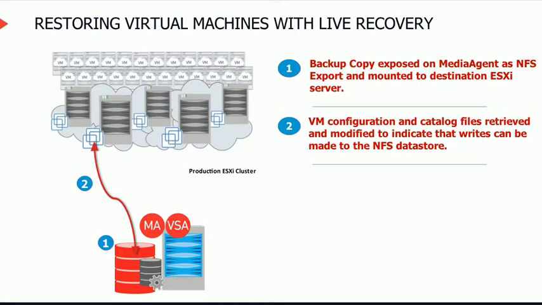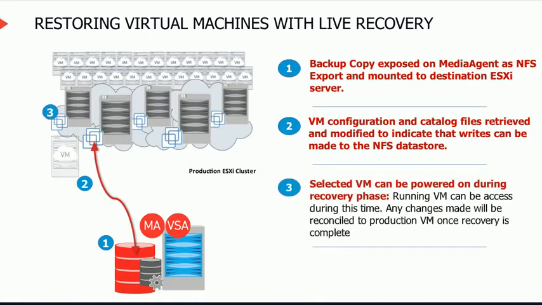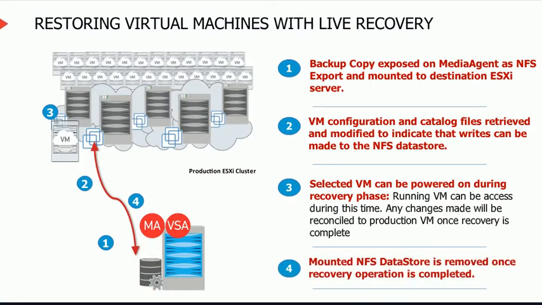A modification to the associated VMware VMX file indicates that writes can now be made to the newly mounted NFS data store. Once the data store is accessible, the VM can be powered on directly from the backup copy and accessed during this time. Changes made to the VM are persistent and are reconciled once the recovery process has been completed.